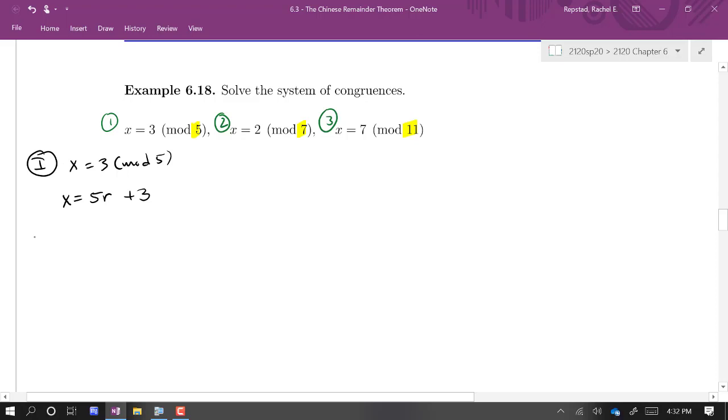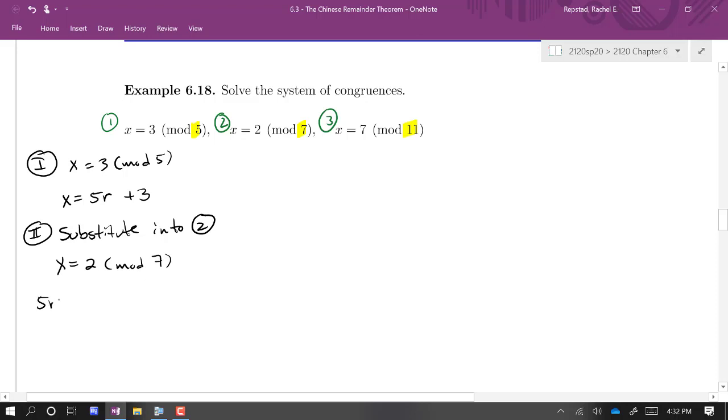Then I'm going to substitute this into the second equation. So the second equation is x is equal to 2 mod 7.